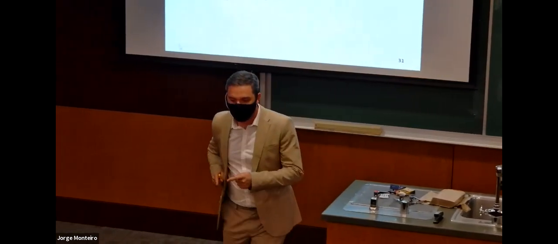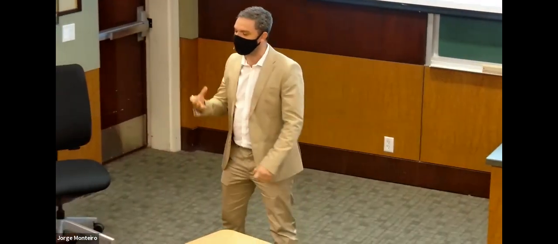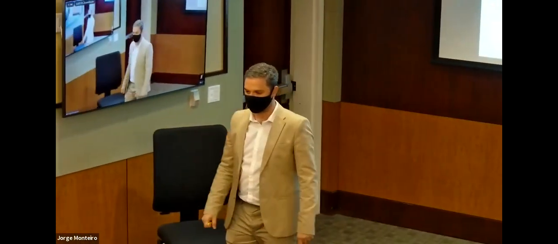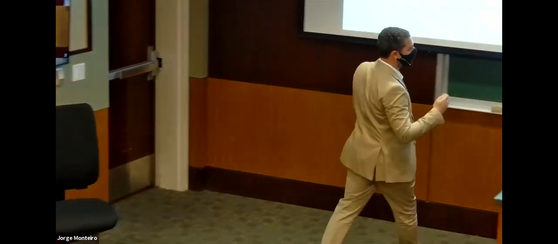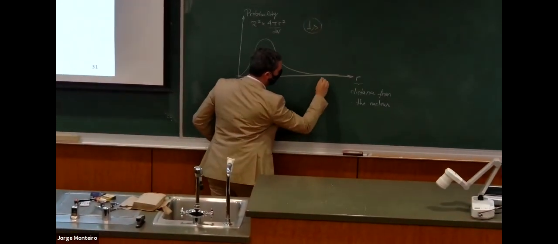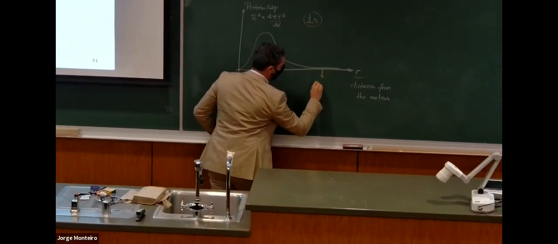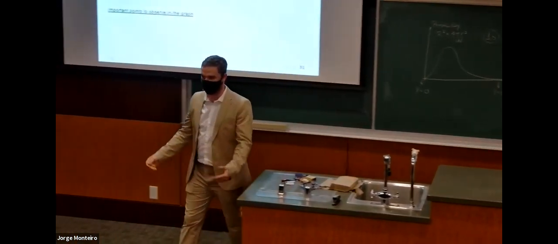If we move too far away from the nucleus, what's going to happen with the probability to find the electron? Also 0. Exactly, because that's too far, so it's unlikely. So if you move too far, the probability also vanishes to 0.